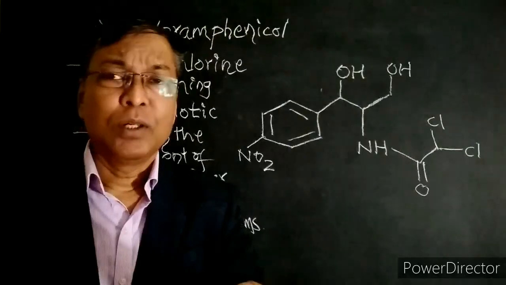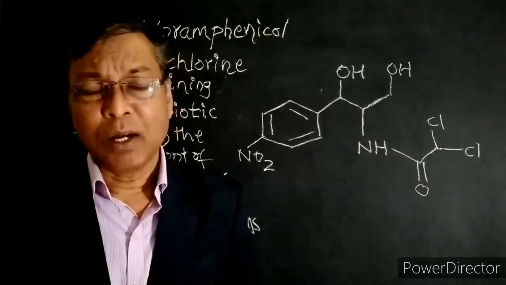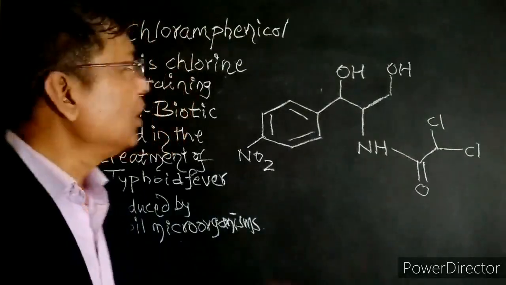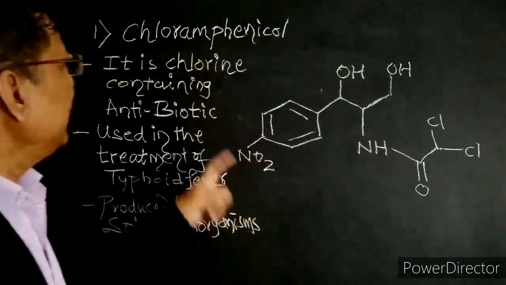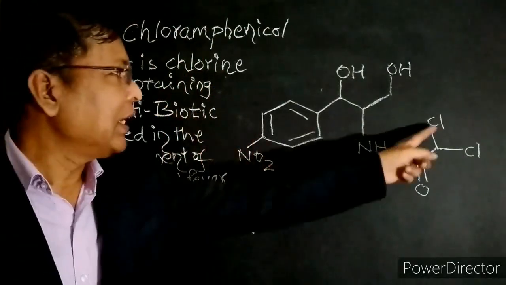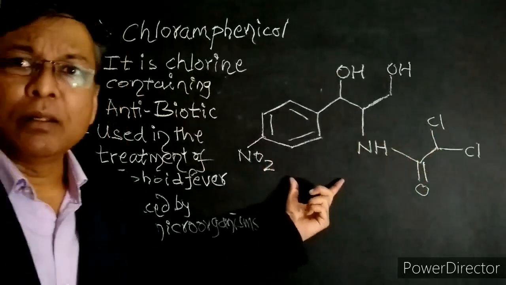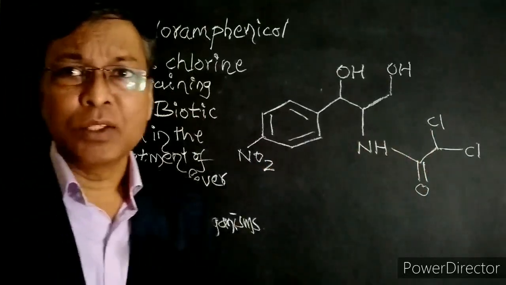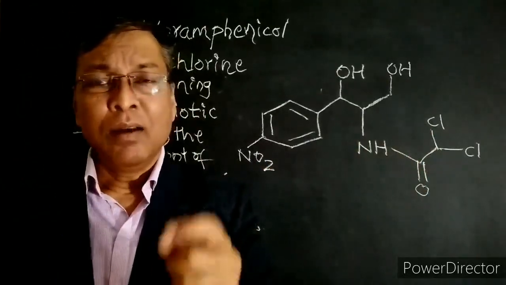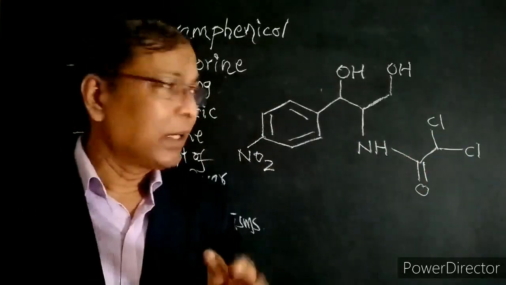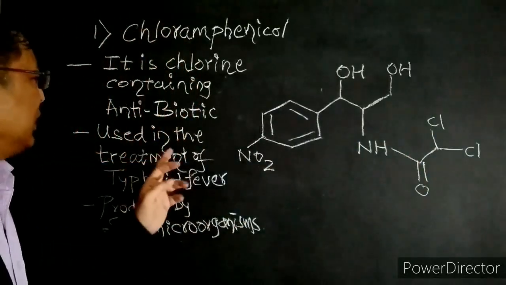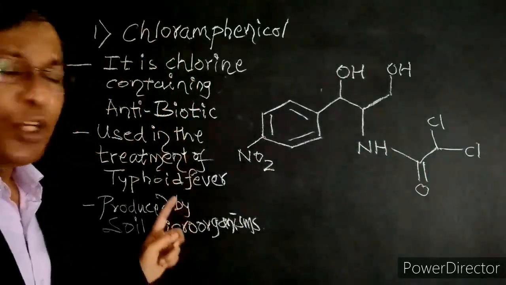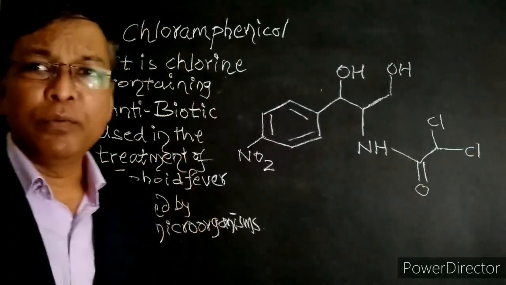The first halogen containing organic compound we are going to study is chloramphenicol. It is a chlorine containing antibiotic. Antibiotic means it kills bacteria and viruses, and it is used in the treatment of typhoid fever.